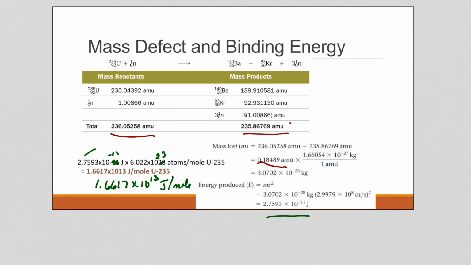Remember, a kilojoule is 1,000 joules, and a billion is 10 to the 9th. So we convert that, and this equates to about 16.6 billion kilojoules per mole. So a large amount of energy, right, for 1 mole.